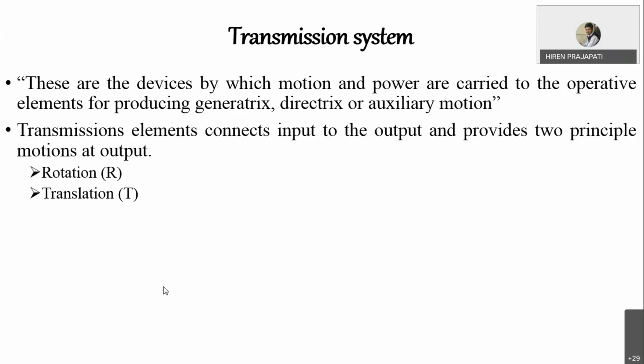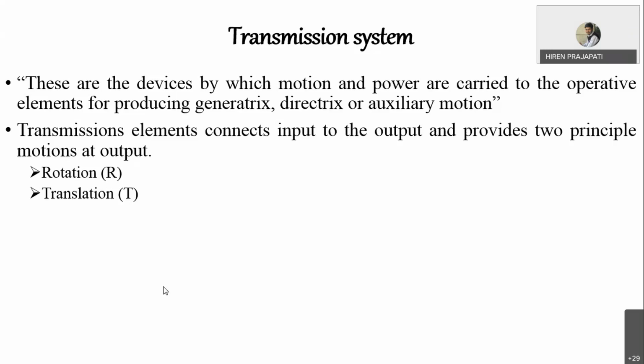Generally, as I told, the motor is the main prime mover in any machine tool. The main source of power and motion is the electric motor, and the electric motor generally gives rotational motion. So transmission elements connect input to output and provide two principal motions at output.